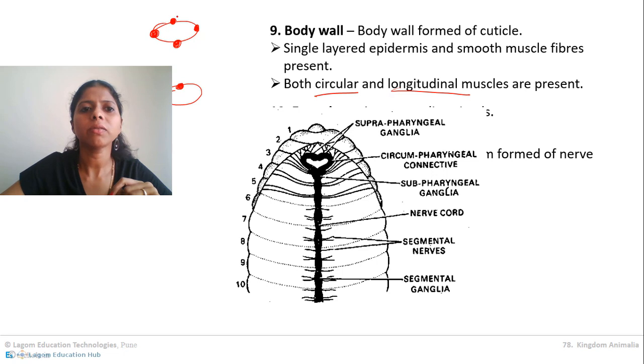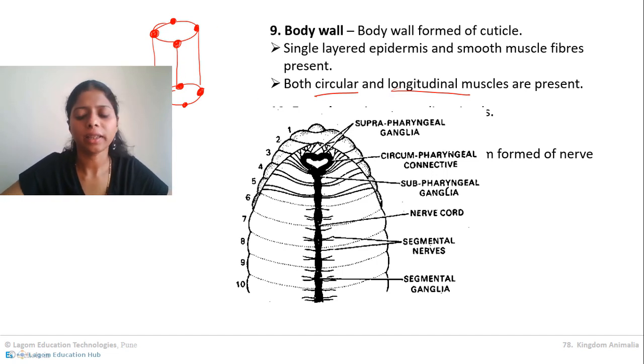So there is one such ring and ganglion in the head, and one more ring and ganglion in the tail region, and they are all connected by nerve cords. This kind of nervous system is called a ganglionated nervous system.